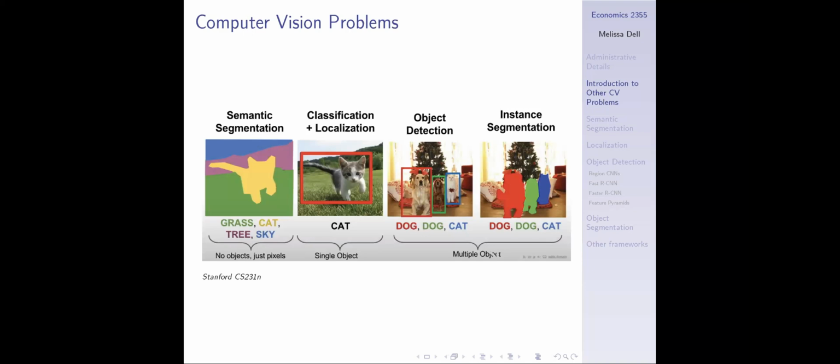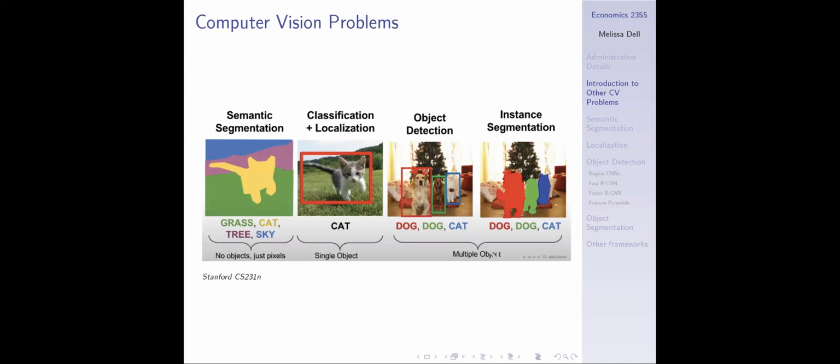There's also something called semantic segmentation on the left. In semantic segmentation, you take the pixels of an image and you put them into different classes. In this one, there's grass, there's a cat, there are trees, and the sky. For every pixel you say, is it a cat? Is it grass? Is it tree? Is it sky? And in this case, let's say you have 3 dogs. You're not going to separately detect each of those dogs.